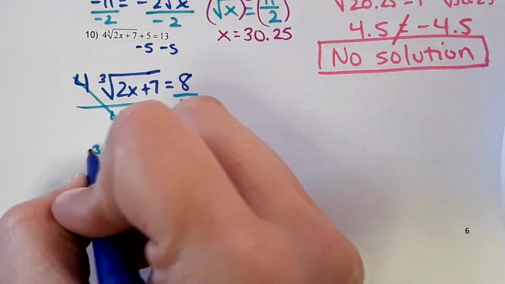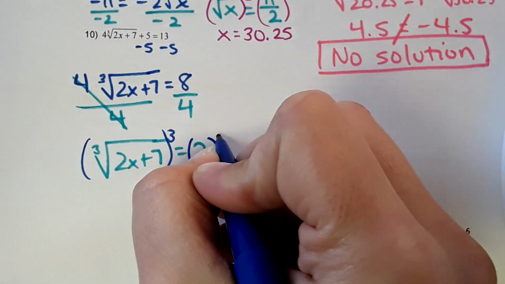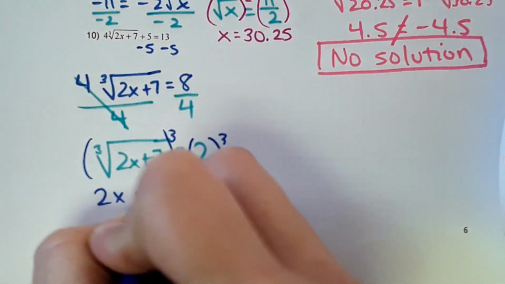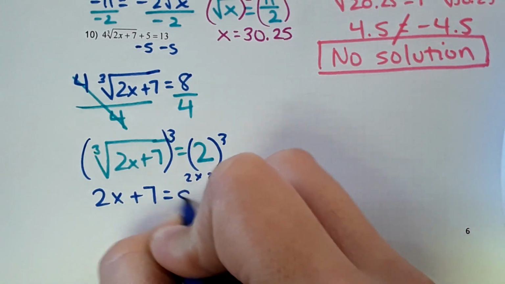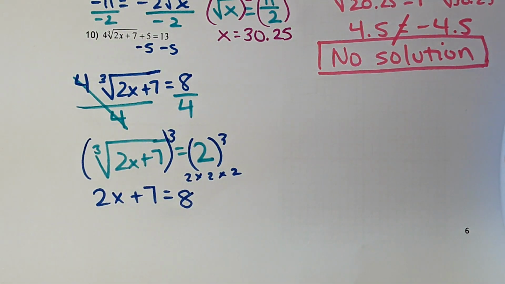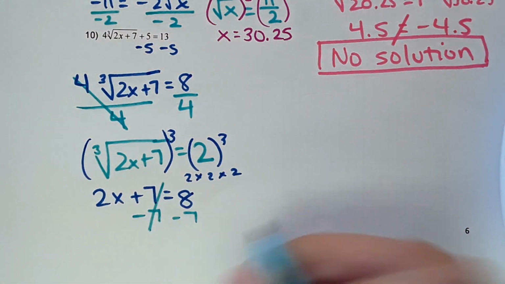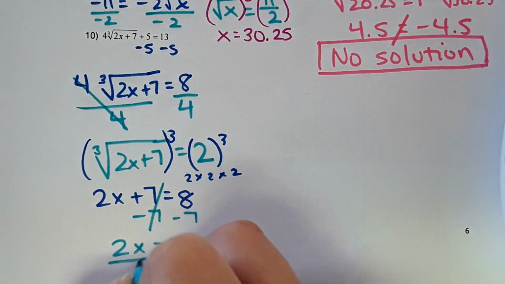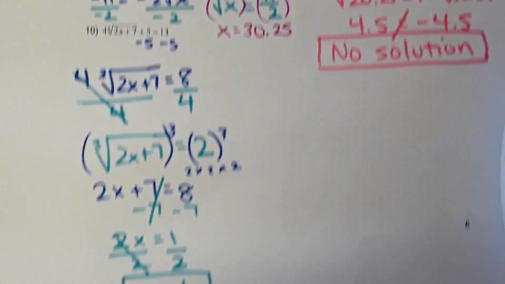And then we cube both sides to get rid of the radical. And 2 times 2 times 2 is 8, yeah. And then we solve. And x equals 1/2.